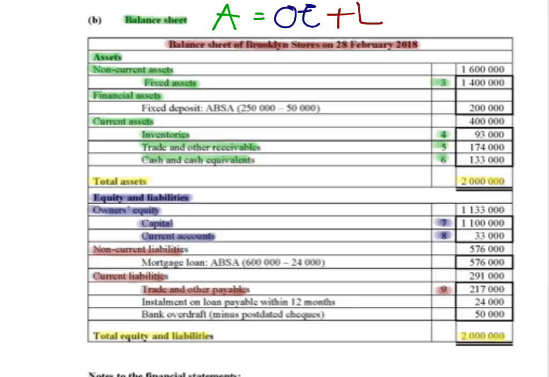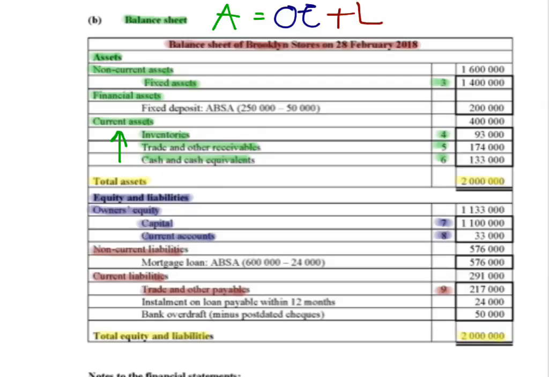Then the next area is your current assets. Now remember, current assets, very important, was placed in this specific order of liquidity. Meaning that liquidity says, how easy can I change these assets into cash?